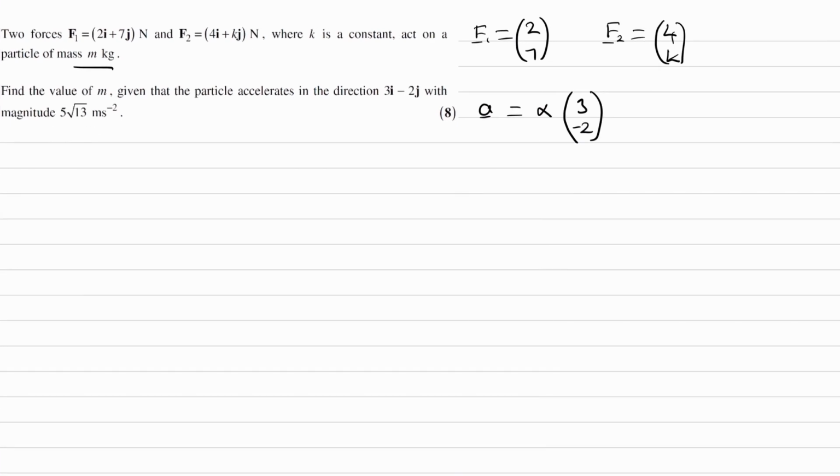So what I'm going to do is simplify this. This will become (3 alpha, -2 alpha). And then we're told the magnitude of the acceleration. We can work out the magnitude of a, or get an expression for it given what we have here. We'd have to square root the sum of the two components squared.